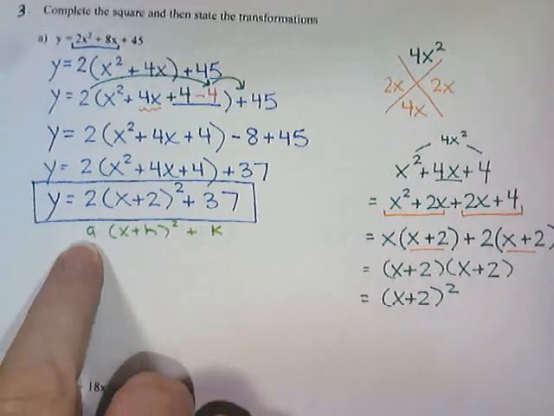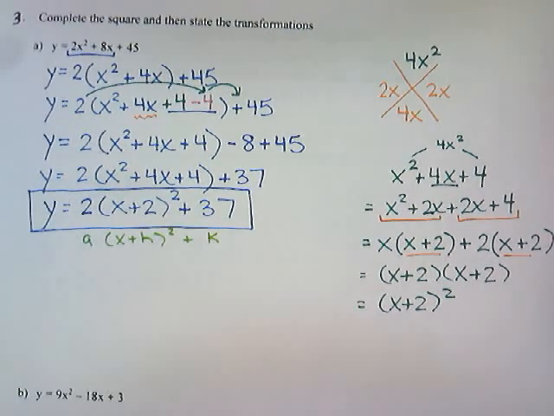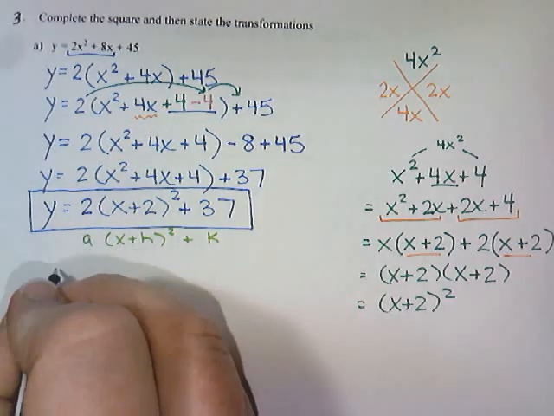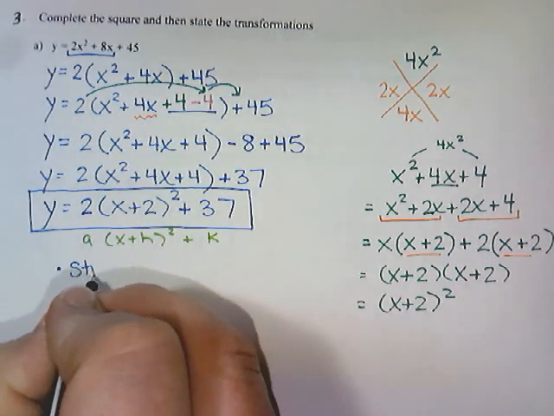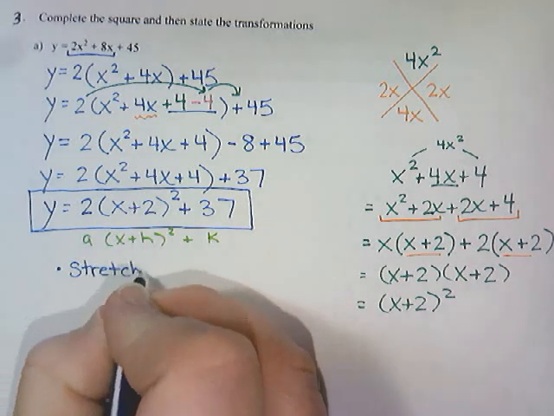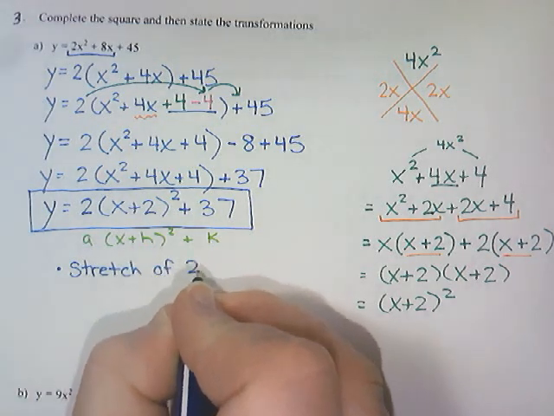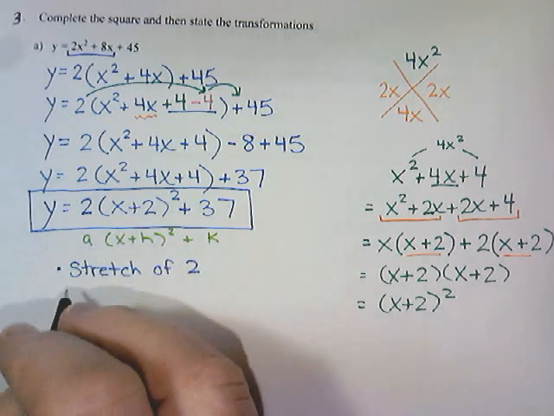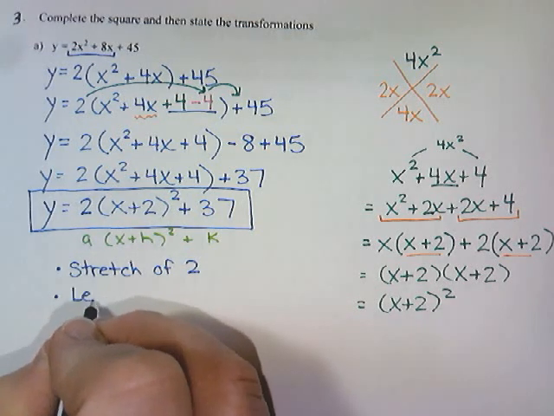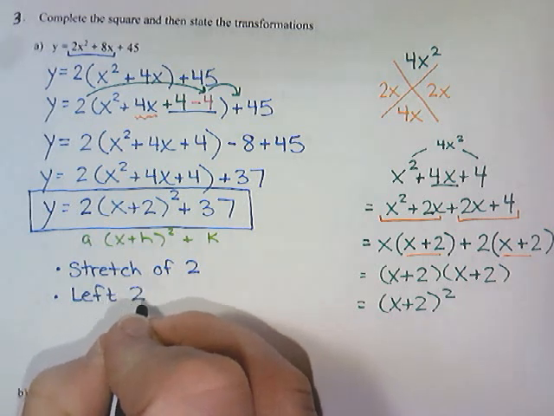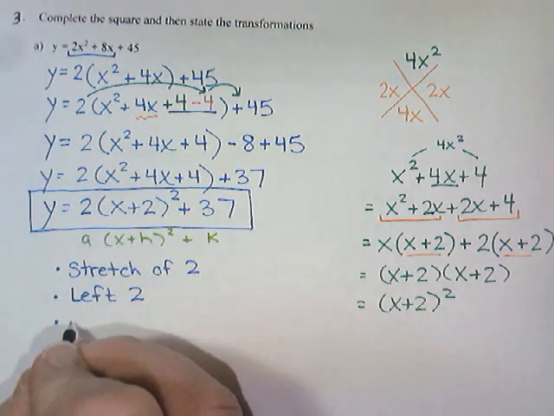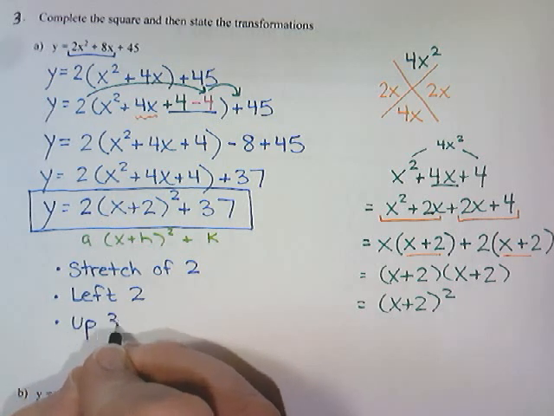So the A is stretches, compressions, and reflections. So if I have a 2, this is a stretch of 2. My h inside the bracket is a plus 2. That would go left 2. And then last but not least, the plus 37 is going to go up 37.